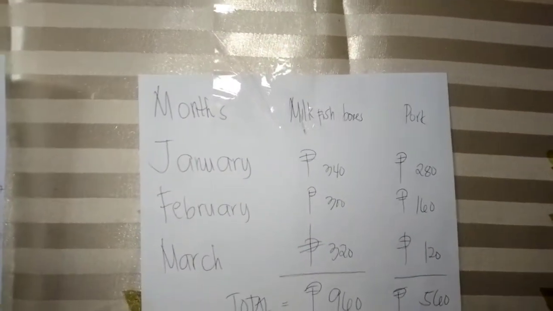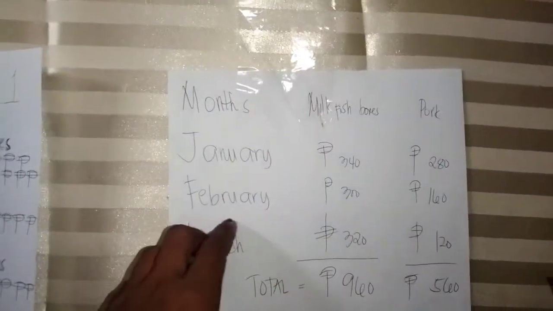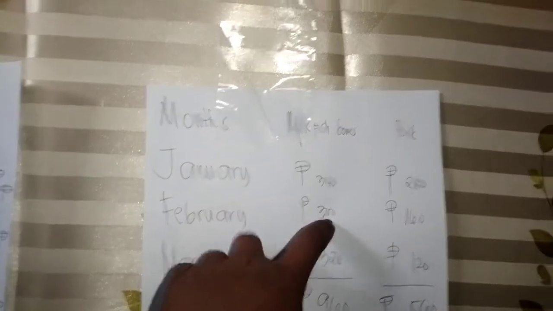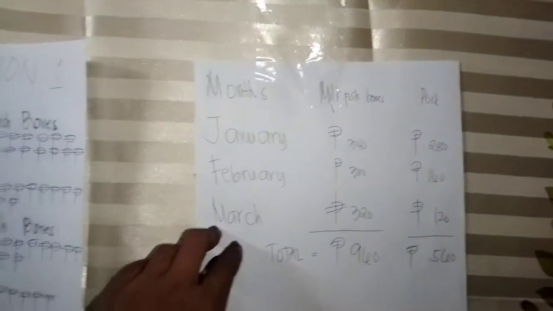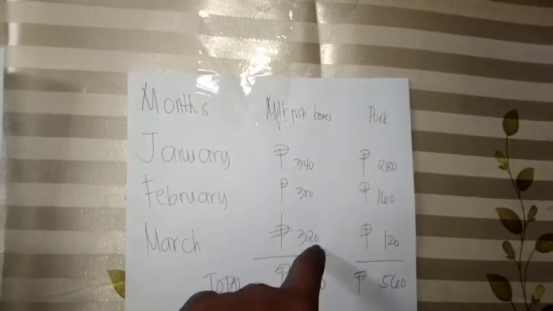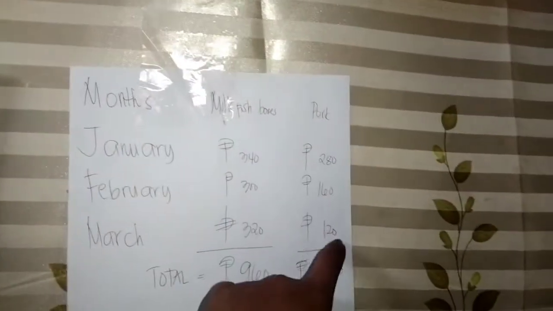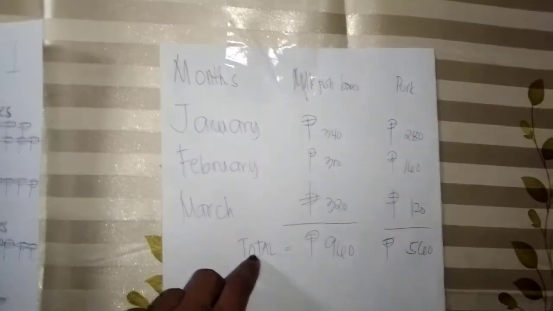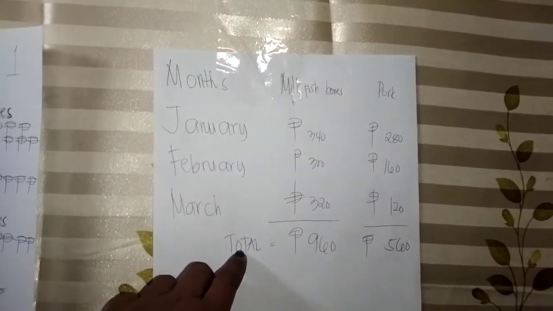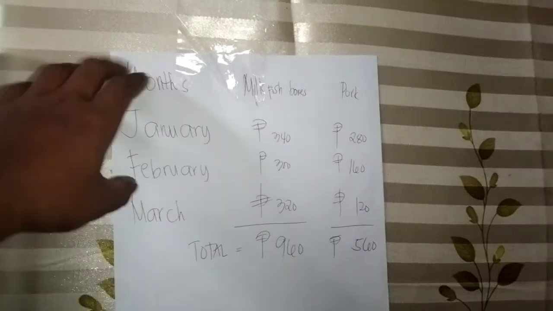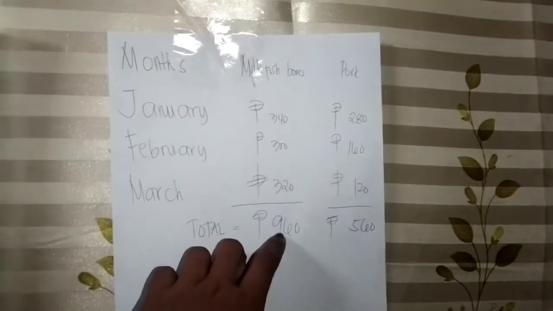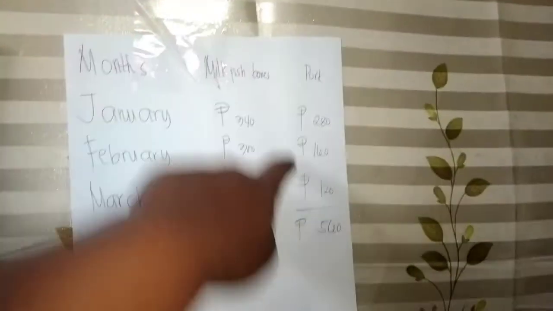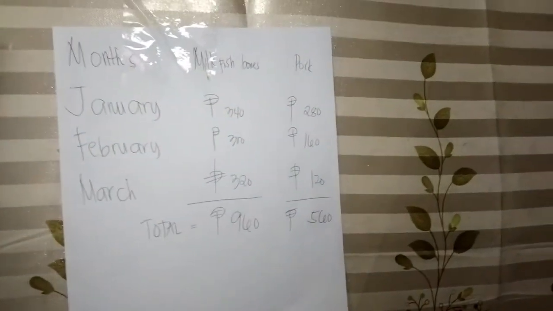In February, we have 300. And the pork is 160 pesos. For the month of March, we have 320. And the pork is 120. So overall, for the months of January, February, and March, the milkfish bones is 960 and the pork is 560.